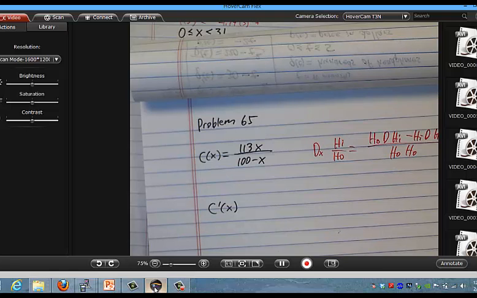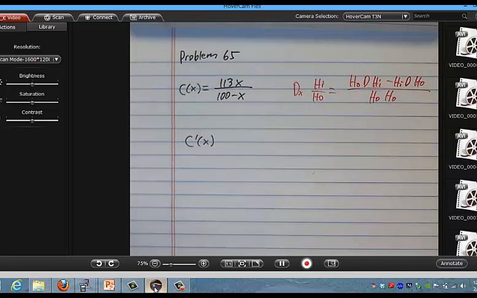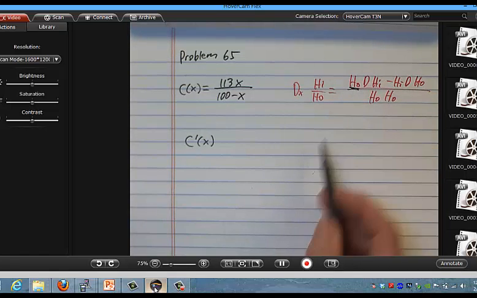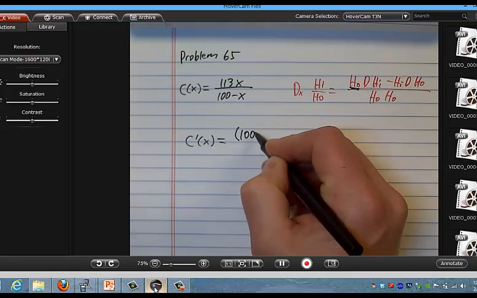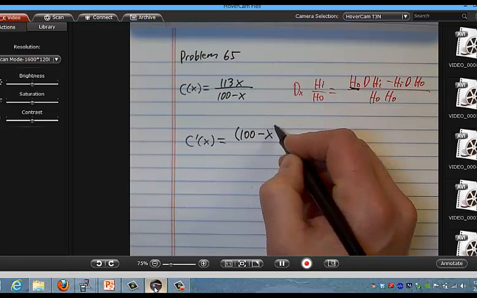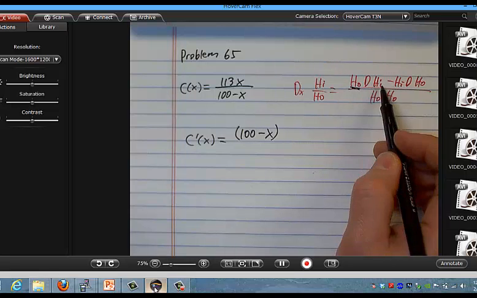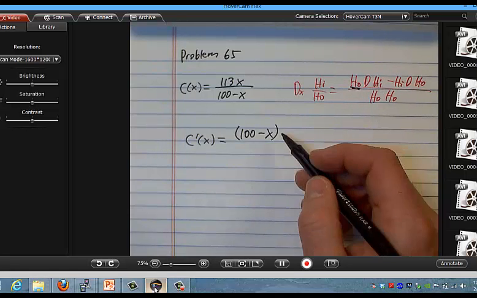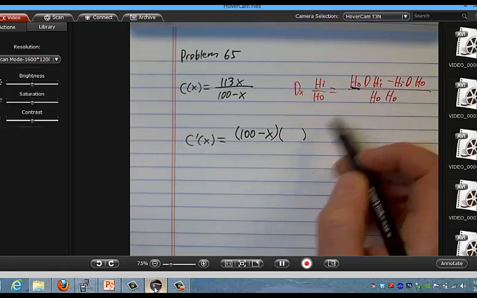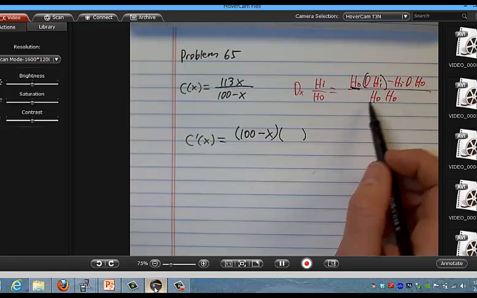So watch how this works. When I want to find the derivative, ho, do you know what I'm going to write? 100 minus x, because ho is the bottom one. Where it says d high, I need the derivative of what's on top. What's the derivative of 113x?